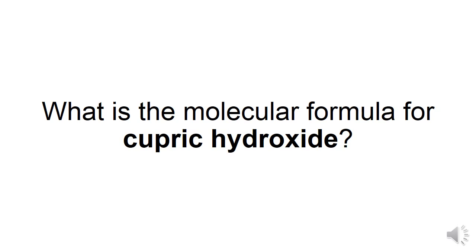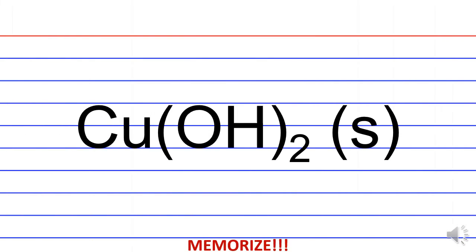What is the molecular formula for cupric hydroxide? The molecular formula for cupric hydroxide is Cu, of course, the copper portion, OH2, and it's in solid phase.